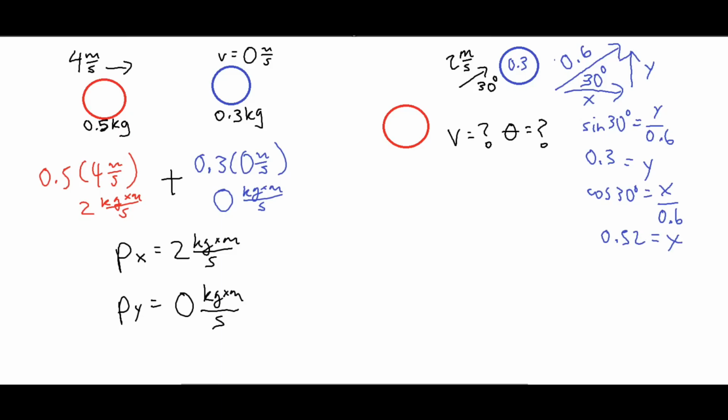All right, now with that being said, we know that on the left side, we have 2 kilogram meters per second in the x direction, and then we have 0.52 kilogram meters per second of momentum from our blue ball, which means that if we find the difference between those two, then we could find the x component for our red ball, which is basically just subtracting 0.52 from both sides.